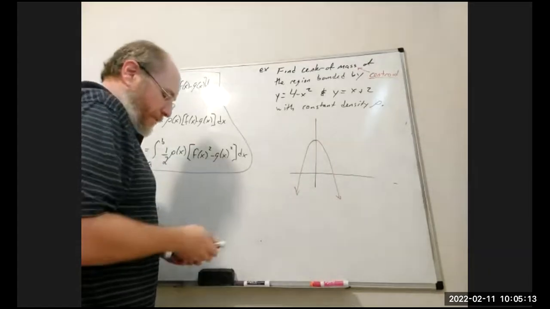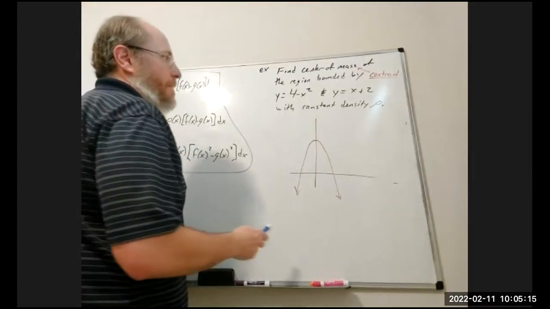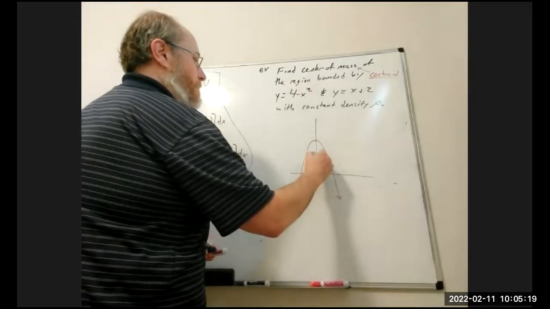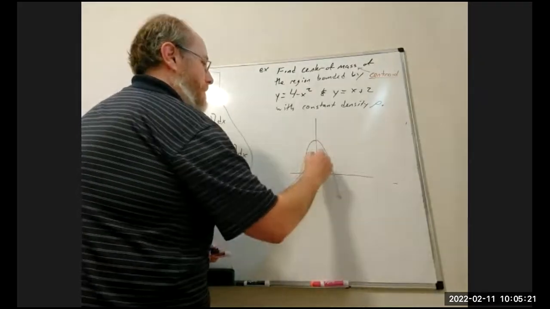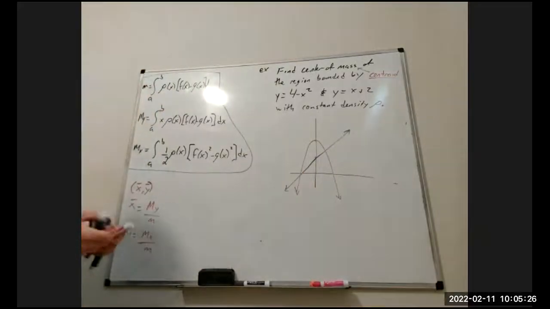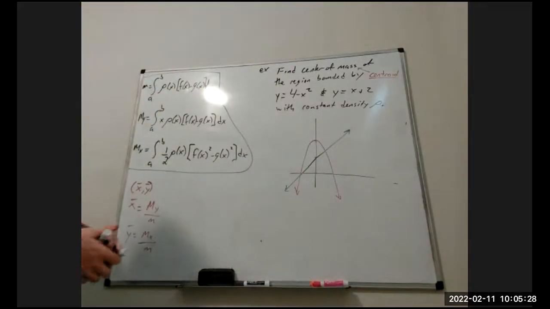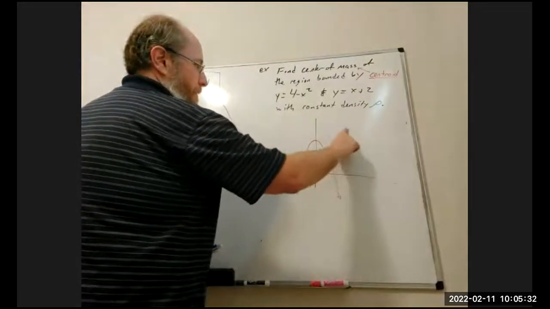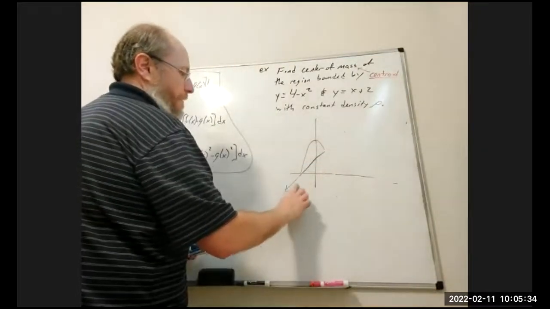y equals x plus 2. That is a line. Goes through 0, 2 as a y-intercept, has a slope of 1. So it does something like that. So I'm looking at the region that's bounded by those two. So that's this shape right here.